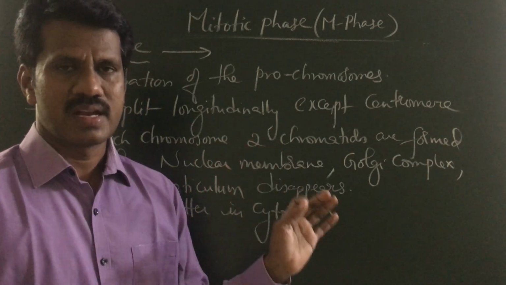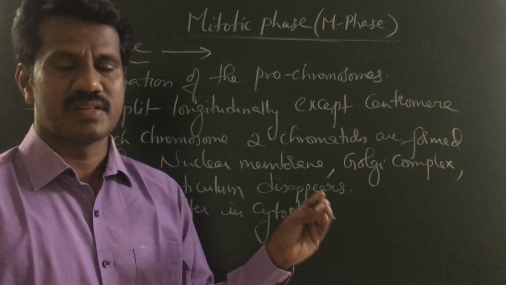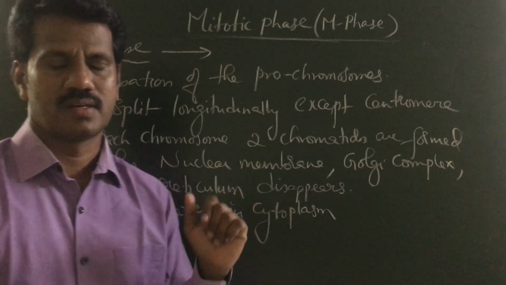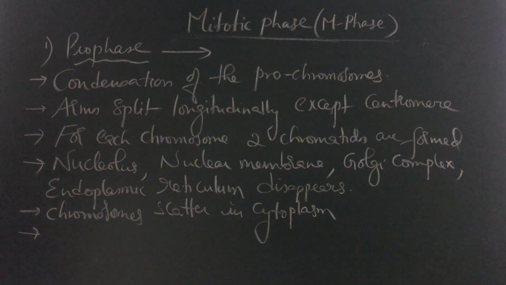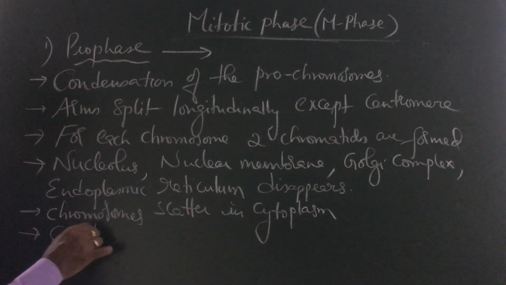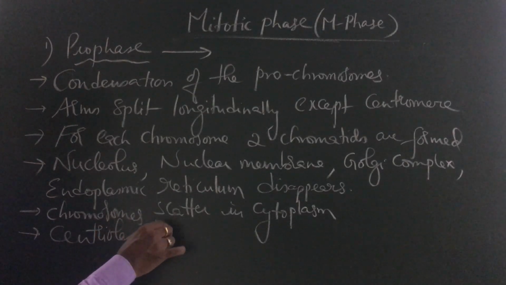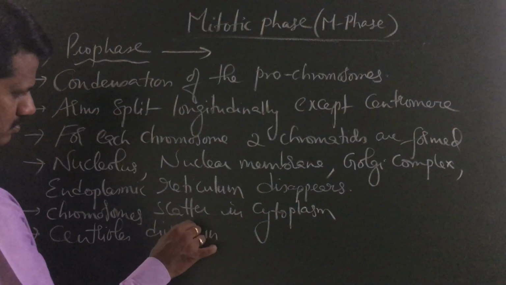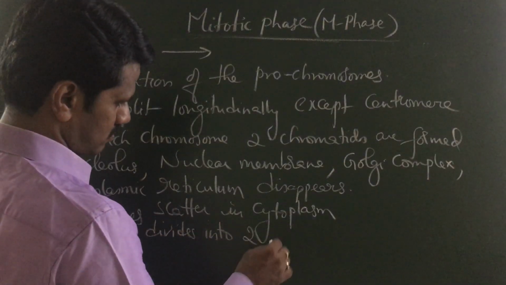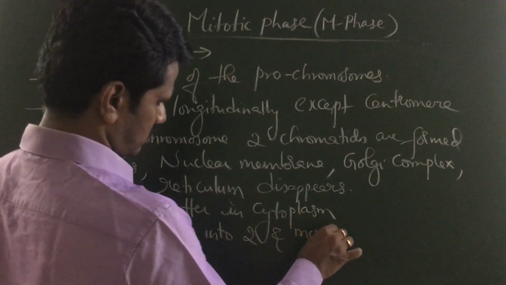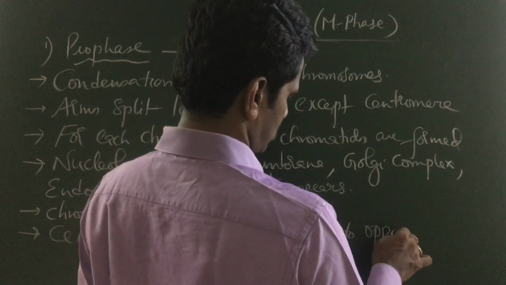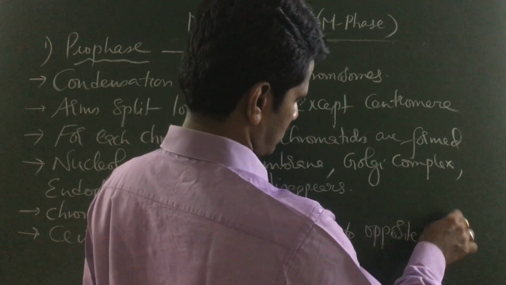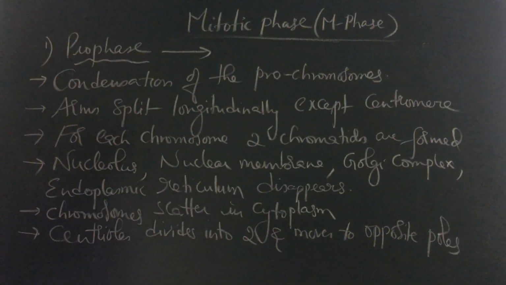In animal cells, centrioles are present, and they divide into two and move to opposite poles.